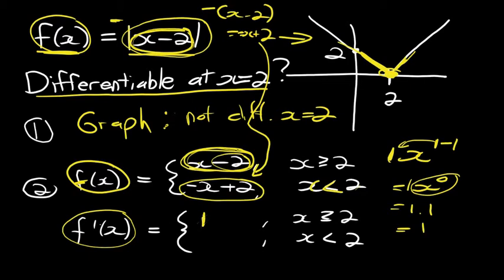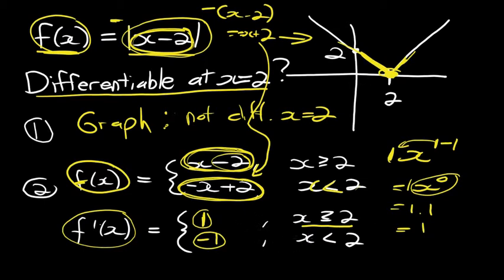The gradient will be 1 for x greater than or equal to 2, and if you differentiate the other piece, then it will be negative 1. So you can straight away see the gradient is negative 1 just left of 2, and 1 just right of 2, and therefore it's not differentiable.